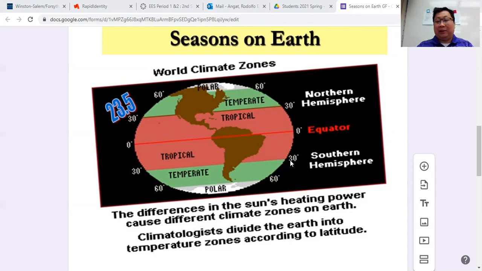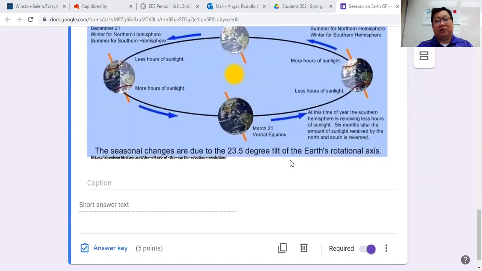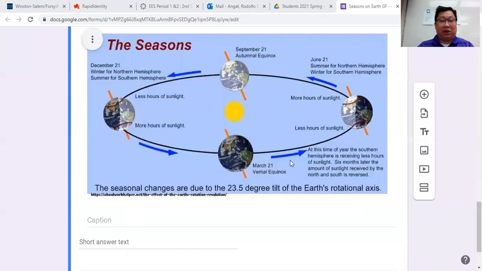Okay. Now let's further discuss the seasons on Earth by looking at this chart here. Let's begin with June 21st. So during June 21st, it's summer. It's called the summer solstice because days are longer than nights.